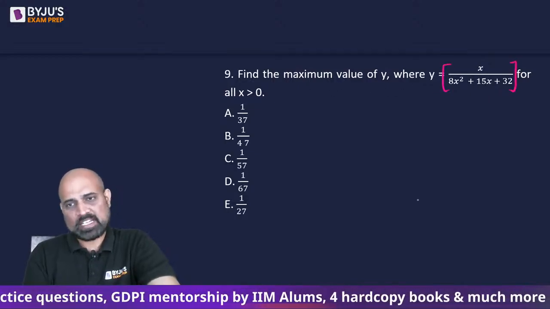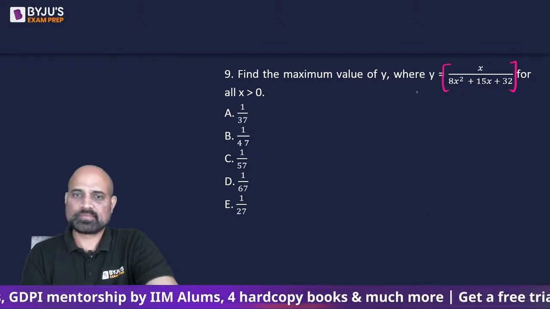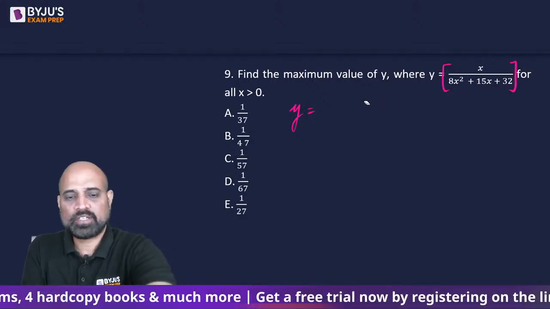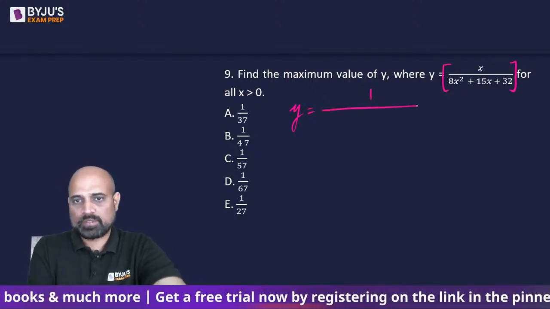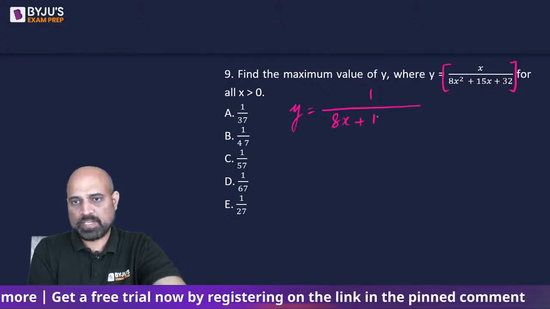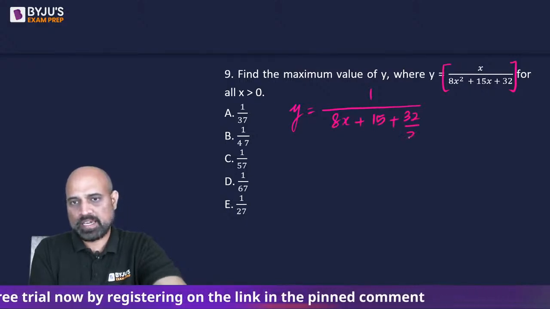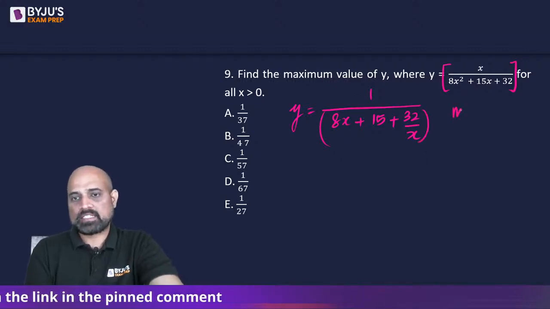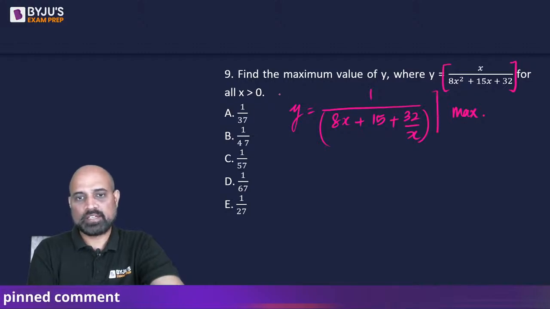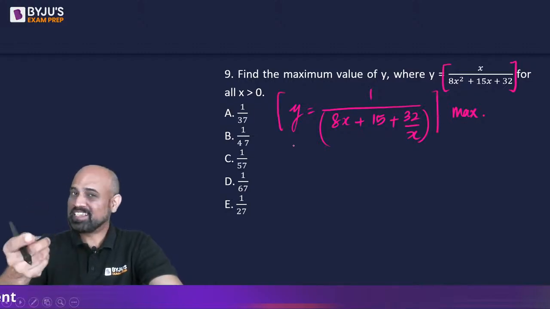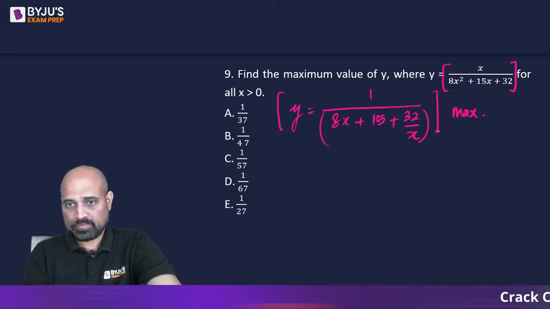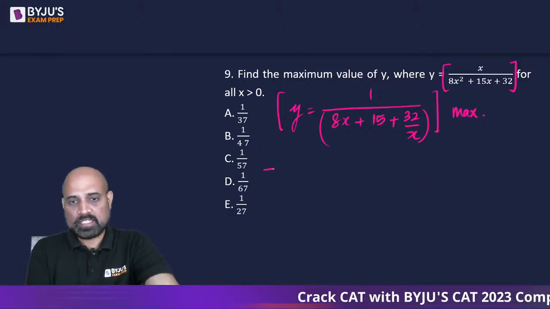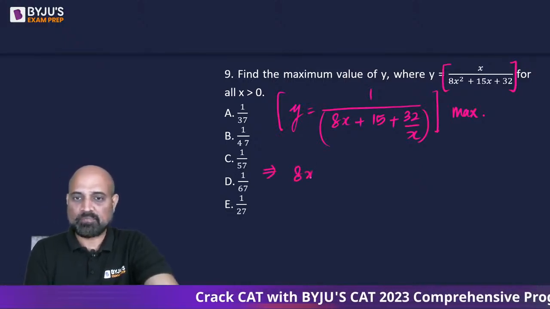If I want to find the maximum value of this, can I say this can be rewritten as y is equal to 1 upon 8x plus 15 plus 32 by x. इसका maximum चाहिए, right? What I have done is I have brought x नीचे. Now, if I want to find out the maximum value of this, this is another way of saying to find the minimum value of this.